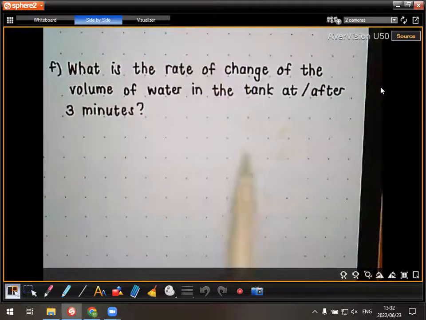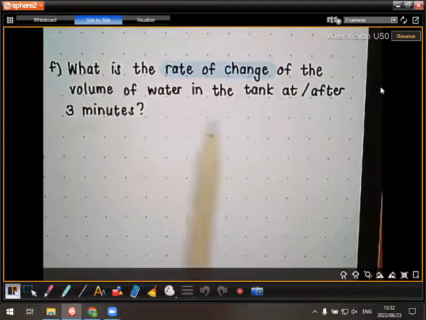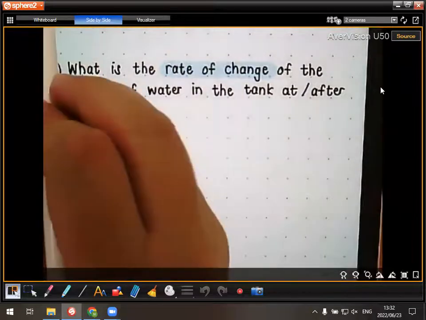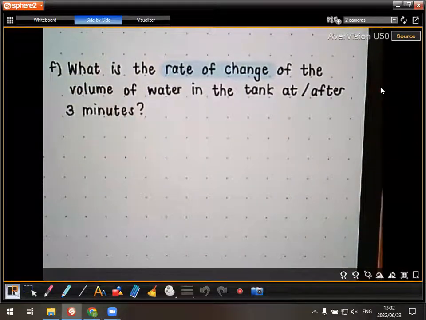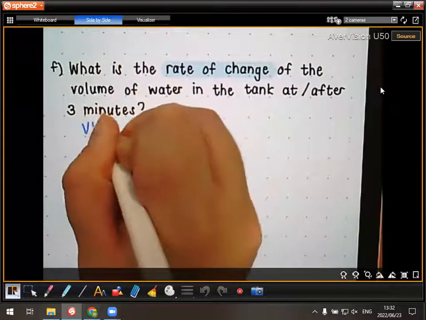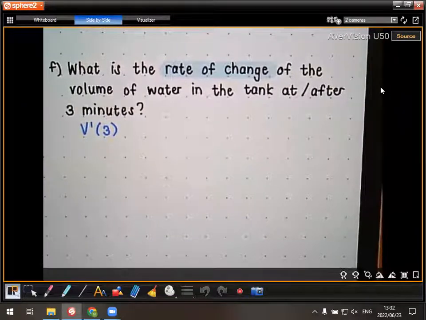So again, they're talking about rate of change. They're asking us for the rate of change, but now they're saying after 3 minutes or at 3 minutes. So what is rate of change always? Rate of change is always the derivative. So now we need to find the derivative where t is 3. Okay, so if they're asking for the rate of change at a specific time, you need to take the derivative and sub in that specific time, that specific t value.